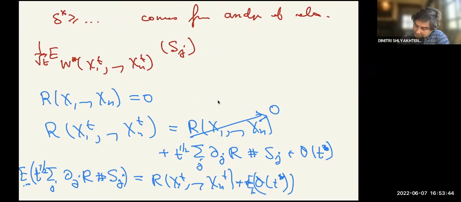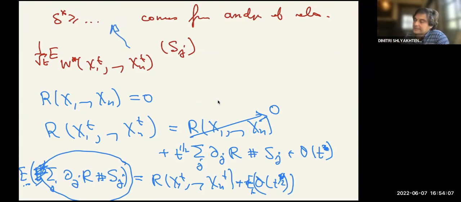But now if I divide by t to the 1/2, I will still get something nice, and then here it will be already something of order t to the 1/2, which still vanishes. So by that, I get an estimate, not on Sj, but at least on this complicated expression. And then if I apply some pseudo inverse and so forth, I can actually prove that some pieces of this Sj belong to the algebra, and that gives you the lower estimate.